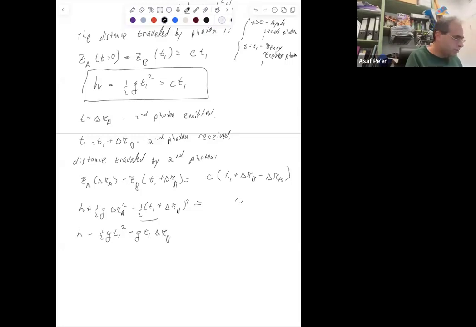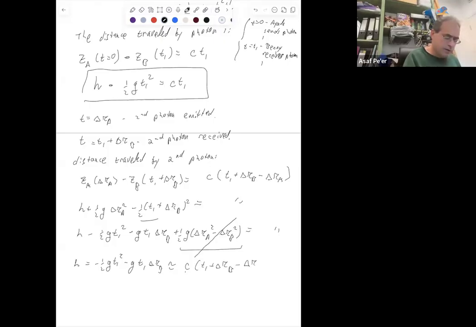Since the delta tau squared terms are second order, I'm going to remove them. And I'm left with H minus 1/2 G T1 squared minus G T1 delta tau Benny, approximately equal to C times T1 plus delta tau Benny minus delta tau Ayala.